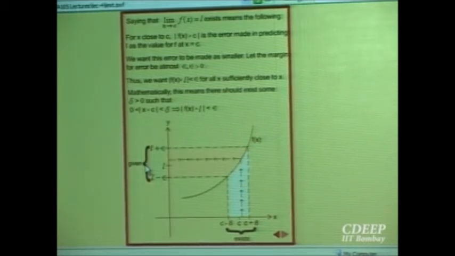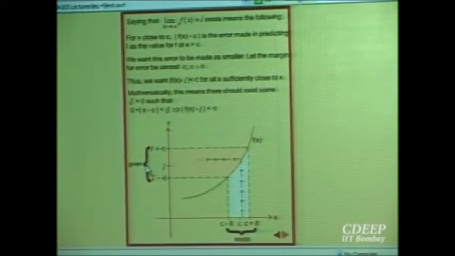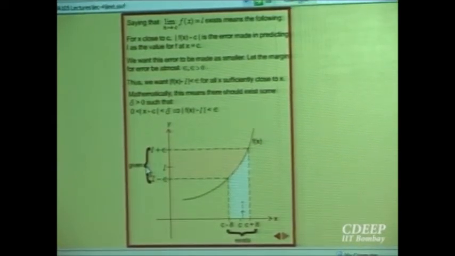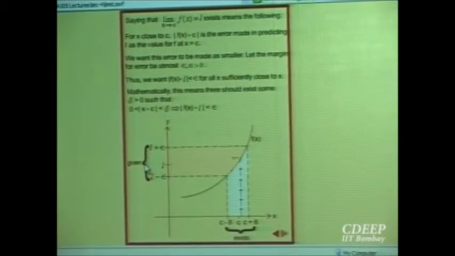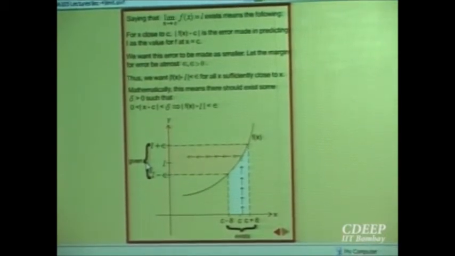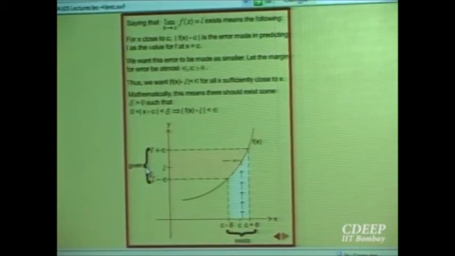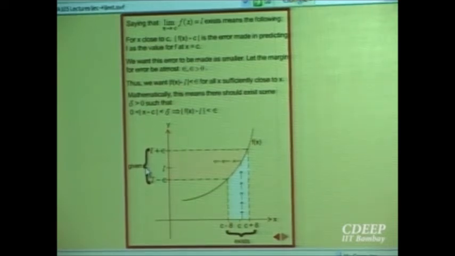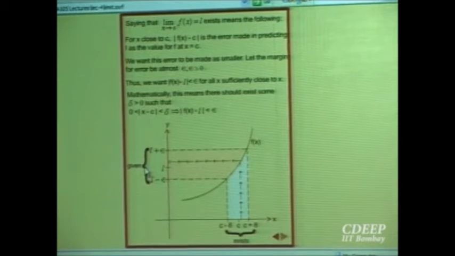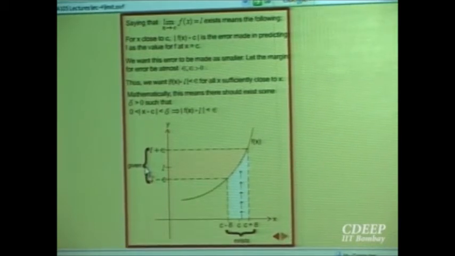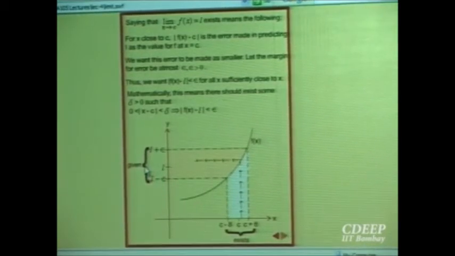So given epsilon, epsilon is the error for the limit: |f(x) − L| less than epsilon. Don't ever try to remember or mug up this definition: given epsilon greater than 0, there is a delta greater than 0, so that whenever |x − c| is less than delta, |f(x) − L| is less than epsilon. Because somewhere you will confuse epsilon and delta. You will write there exists an epsilon.